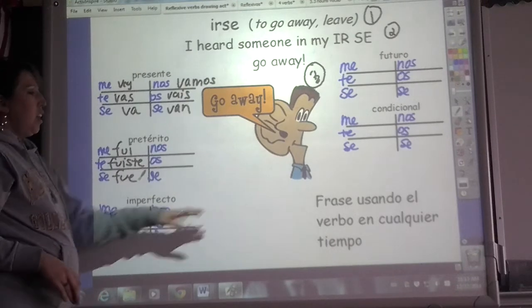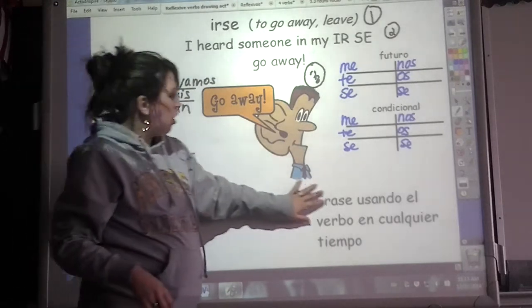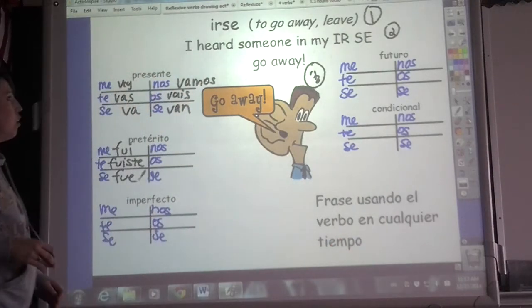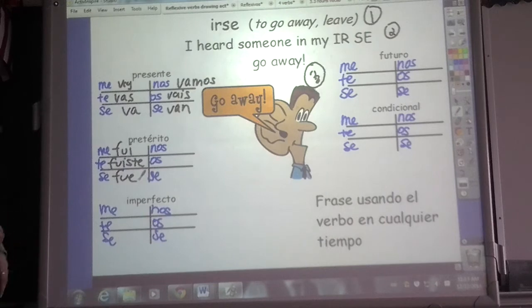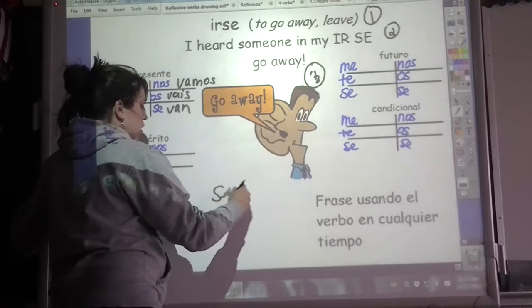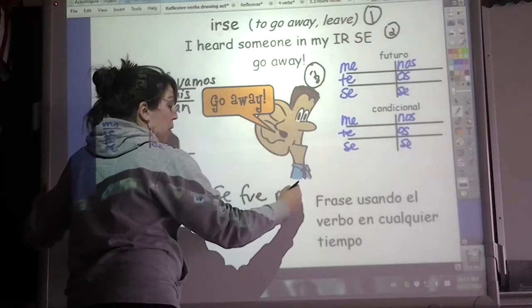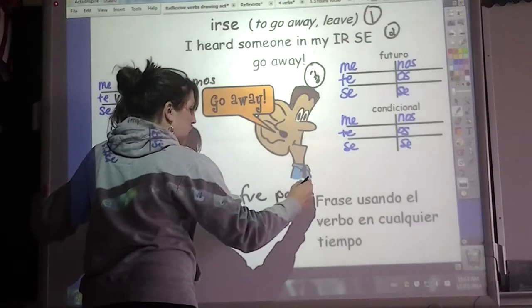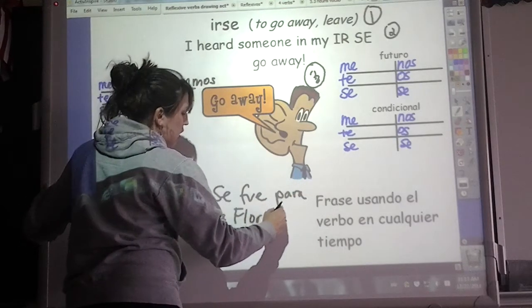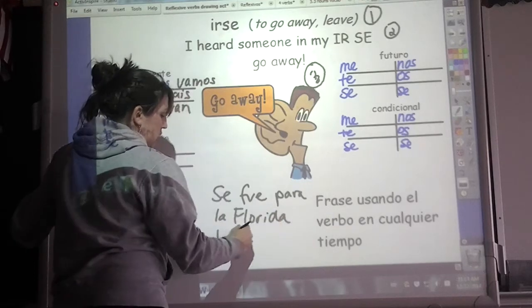And then I just make up a sentence using my verb. So, he left for Florida last week. Se fue para la Florida la semana pasada.